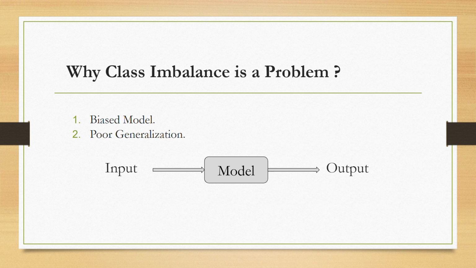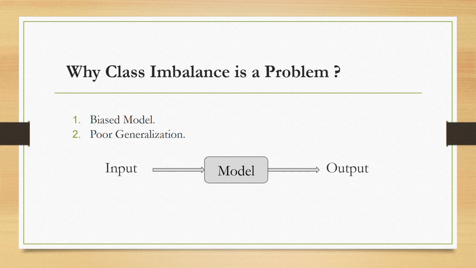And because of this there will be very little generalization and the model performs in a biased way. Like I said, in binary class, when we have both class A and class B samples, and class B samples are very few, though the model is trained, it will predict class A because it has seen more number of class A samples and understood them. So it always predicts class A. Therefore, there is no generalization.